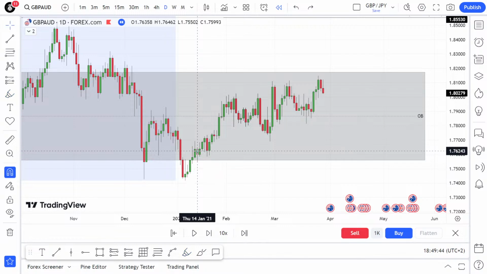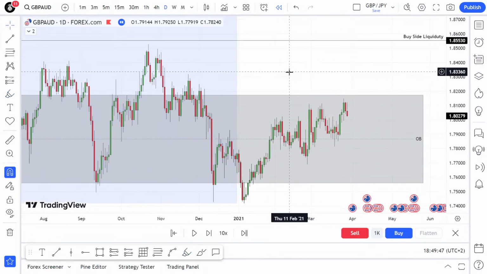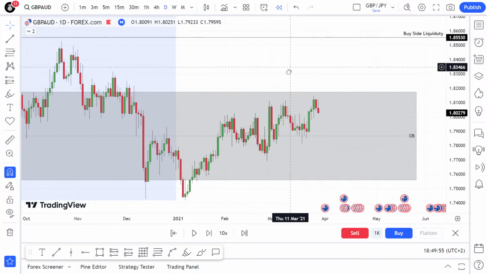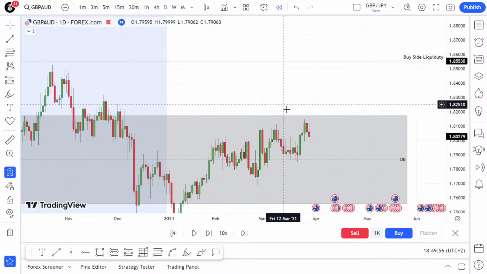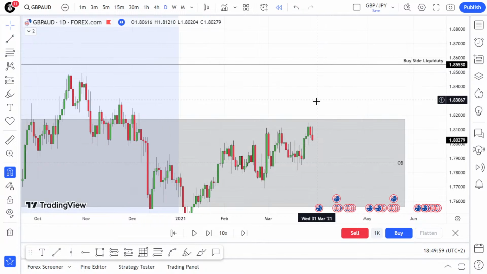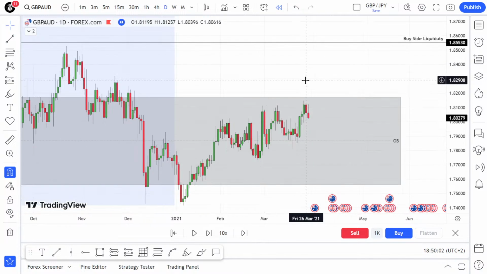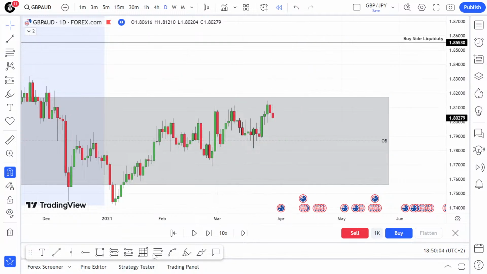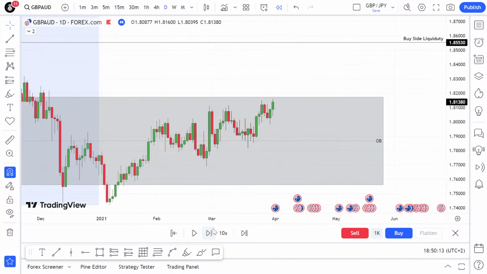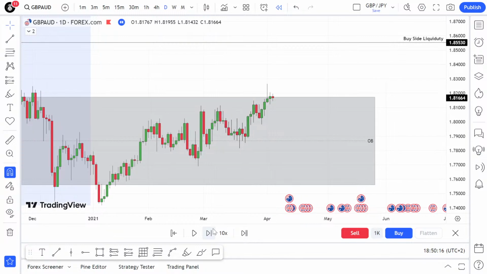So even though I can identify the draw on liquidity, you also have to understand that not every time are you able to get into something that you are able to identify. So I would want to see some type of sell side being swept and then a sharp move up, because if we now start to get a sharp move up, then I'm a little bit confused and I will probably hesitate entering.